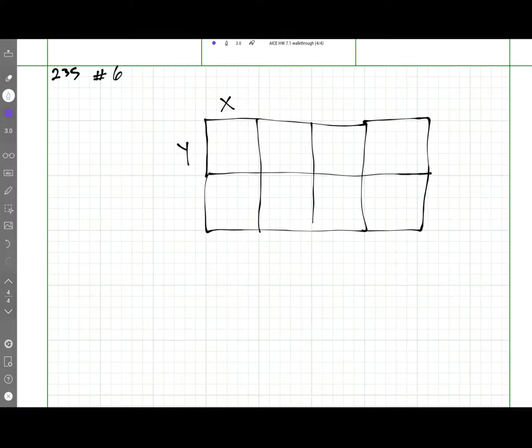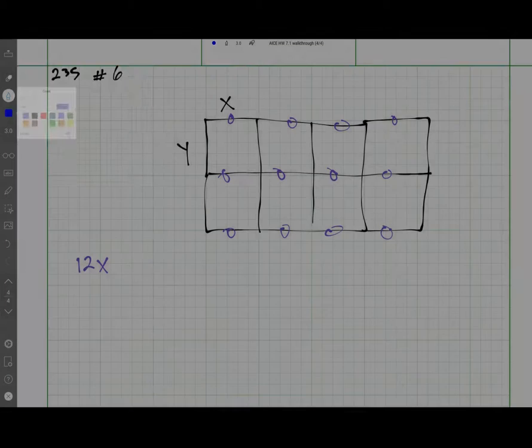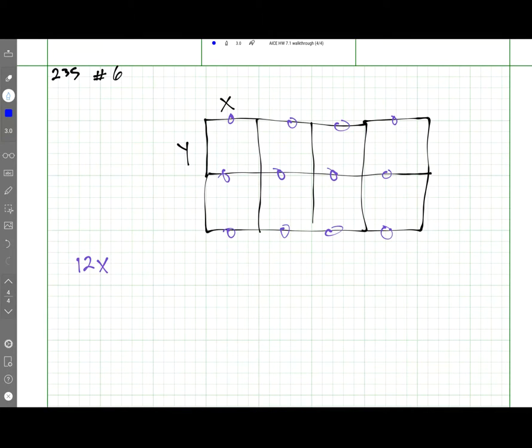So what you have to do is count the x's. 4, 5, 6, 7, 8, 9, 10, 11, 12. So we have 12x plus 1, 2, 3, 4, 5, 6, 7, 8, 9, 10, 10y.